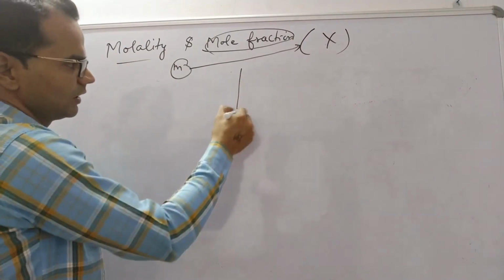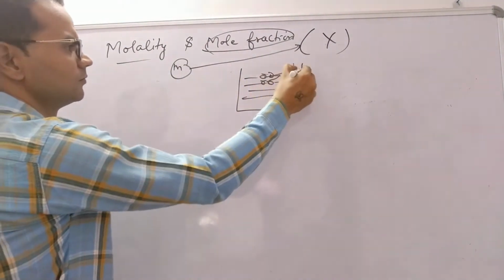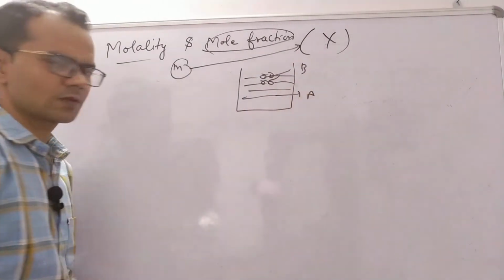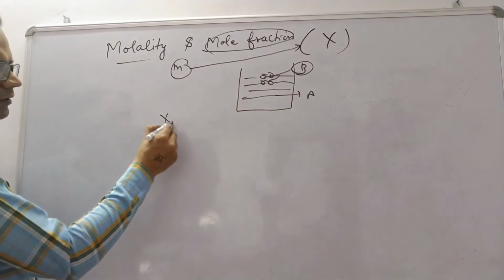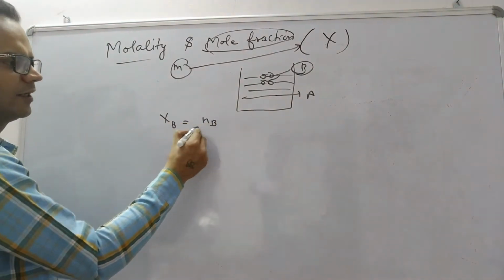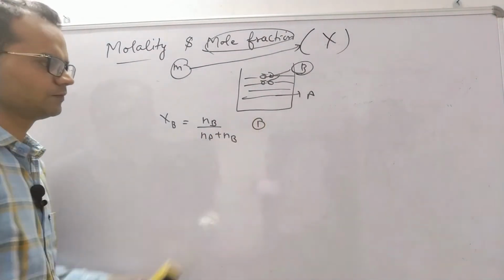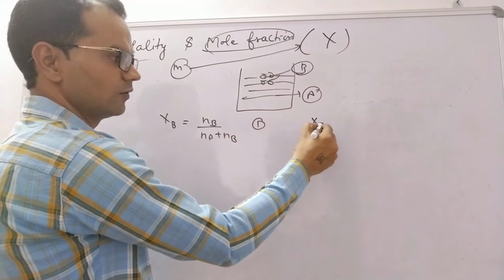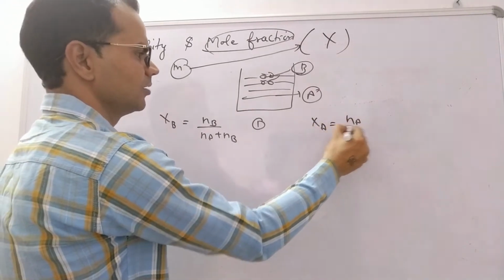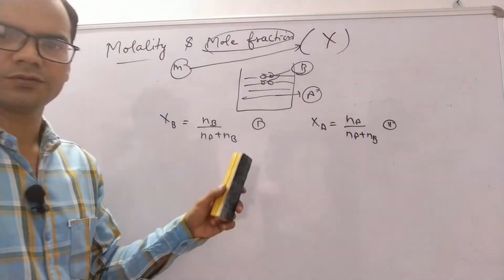We have a solution again, 2 components, solute and solvent. So the mole fraction of B, XB, I can write as Nb by Na plus Nb. Equation number 1. Mole fraction of A, the solvent, is Na by Na plus Nb. Equation 2.